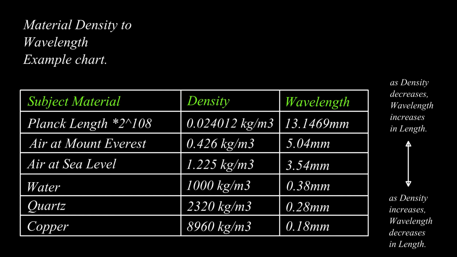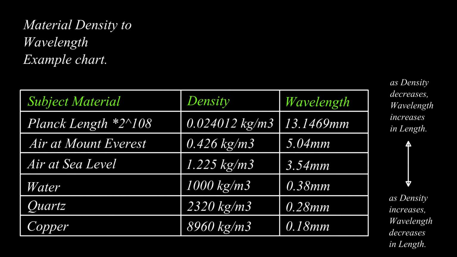Air at sea level, which is denser because it is closer to Earth, has a density of 1.225 kilograms per cubic meter. Because it is denser, the wavelength is shorter. So at the surface of our Earth, we have a wavelength of approximately 3.54 millimeters recognized by the Planck units.